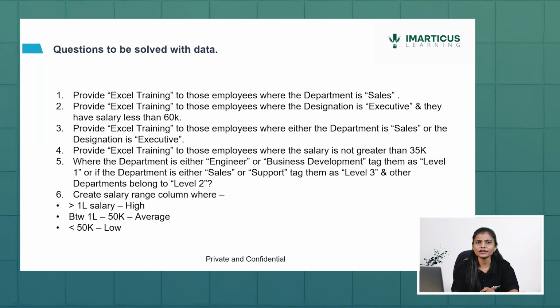And if it's nothing between engineering and business development, or nothing amongst sales or support, I will tag the rest of the departments as level 2. So this is the question, which means I want to test my logic n number of times, and if I'm testing multiple times, I will be utilizing multiple ifs. Now how I would be using it, let's try to see.